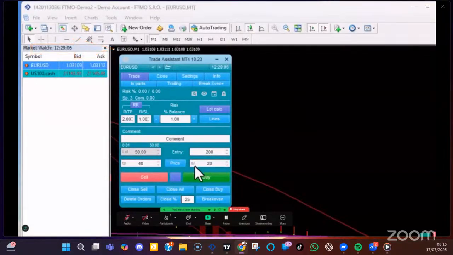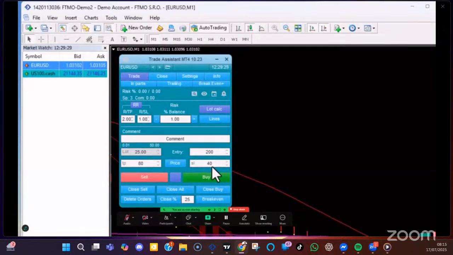Now you'll notice here that we've got the stop loss set at 20. That indicates 2 pips when you're on a currency pair. And we can actually change that here by typing over it. So if I type in there 40 and just tab off here, you can see now we've got a stop loss of 4 pips because we're on a currency pair.